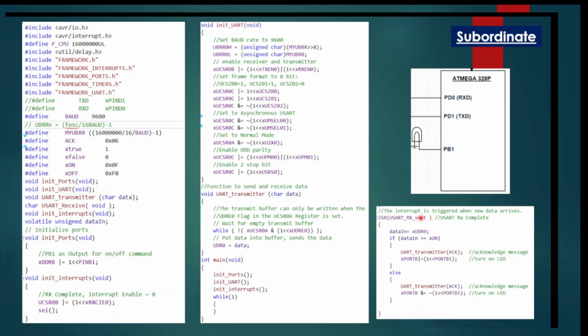The next time we go into the interrupt service routine, what's going to happen is the data in is not going to be equal to on, so that means it's going to be equal to off. So in this case, first thing we do, we acknowledge that we got the message, and then we turn off the LED.